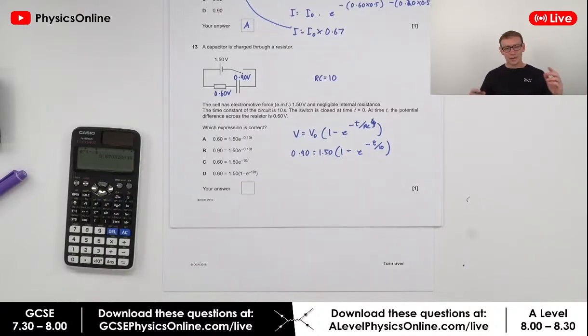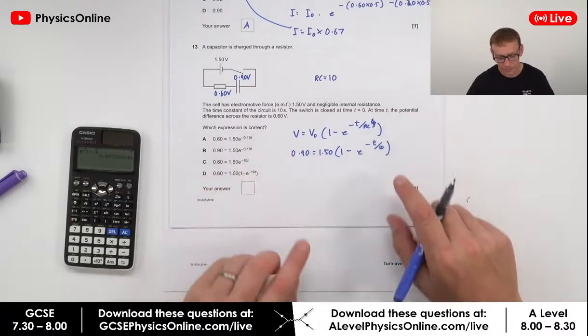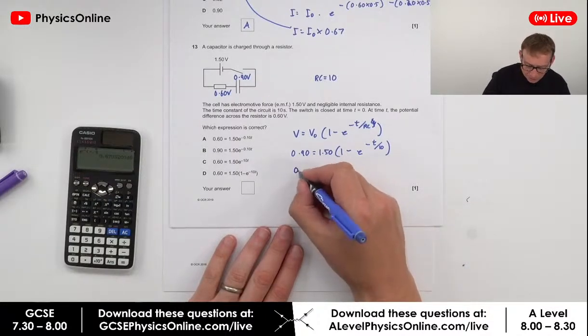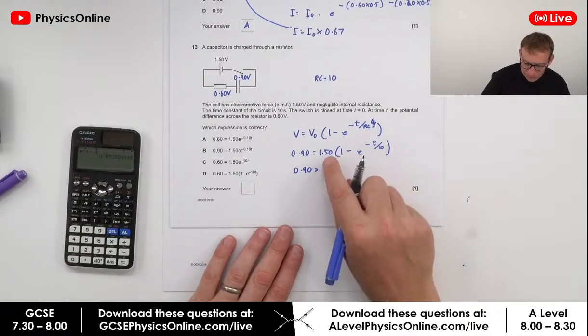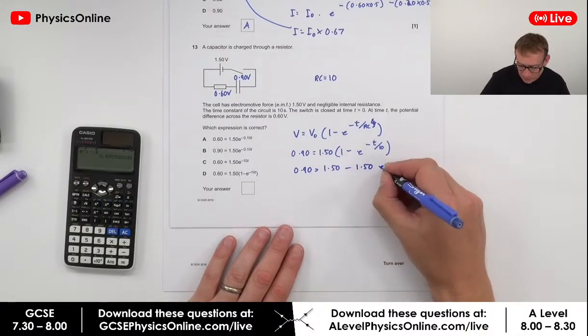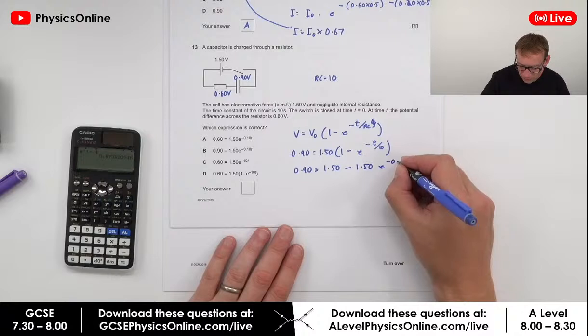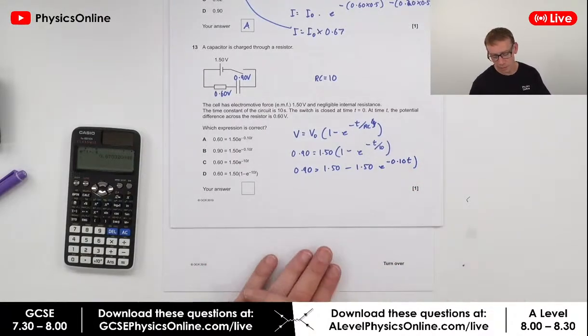I've used the equation for a capacitor which is charging up. That means 0.90 is equal to 1.5 times 1, take away 1.5 e to the minus 0.10 t, because something divided by 10 is the same as multiplied by 0.1.